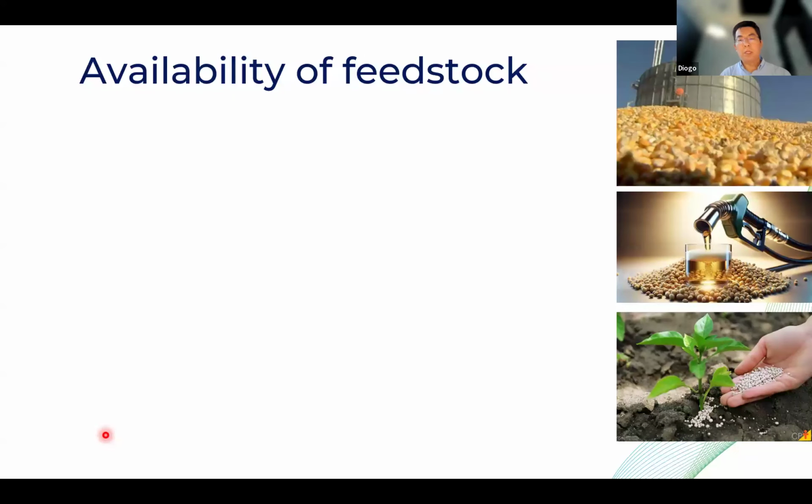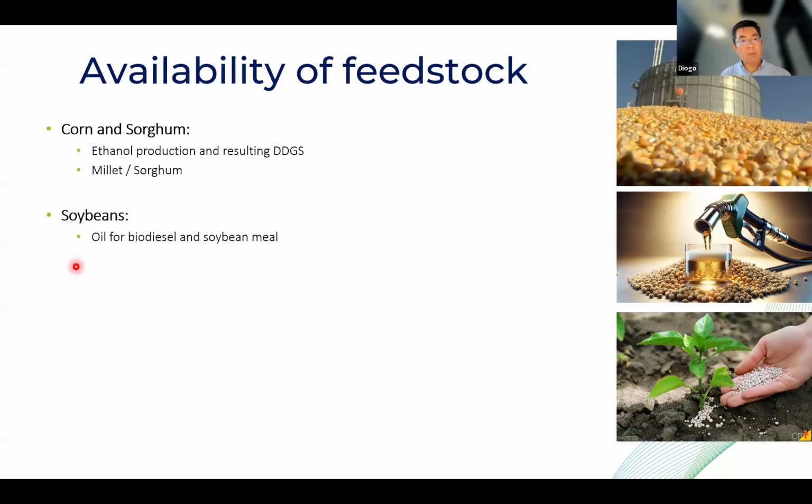So in the last years, we can consider that the availability of feedstock around the world is changing. For example, corn and sorghum are being used to produce ethanol, resulting in DGS. Soybeans are being used to produce oil, not only for human use but also for biodiesel.